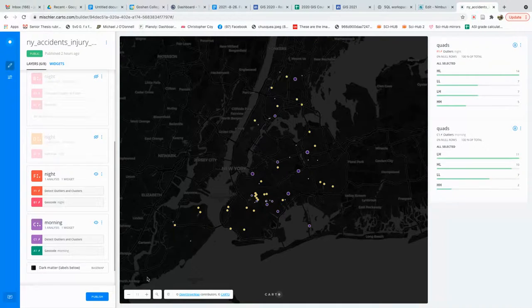There's additional data generated, and you end up with high-low, which is a significantly high cluster in an area that's otherwise low.